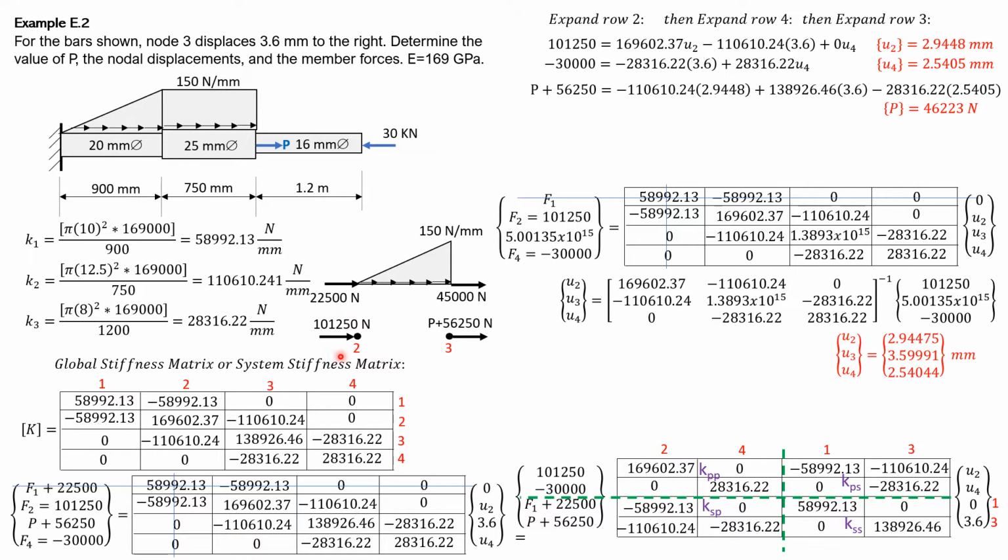So you'll get 101,250 at node 2. Then at node 3, 150 newton per mm times 375 is equal to 56,250, and there is a force P there already active. So the net nodal force at node 3 is P plus 56,250 newtons. Then at node 4, of course, it's obvious, it is negative 30,000 newtons.